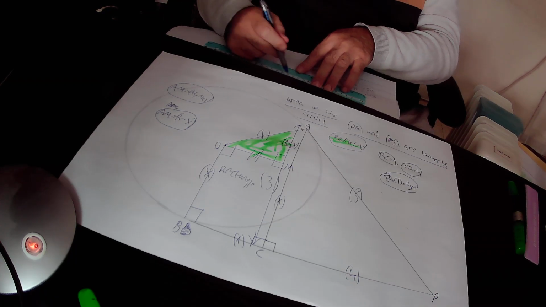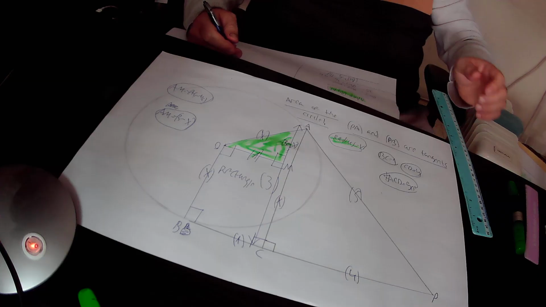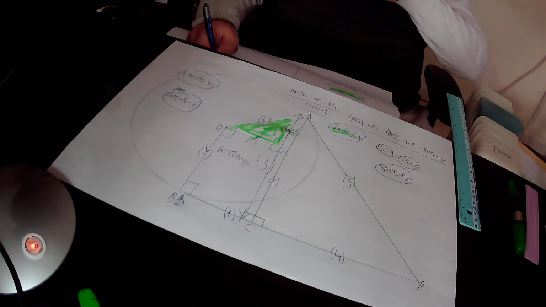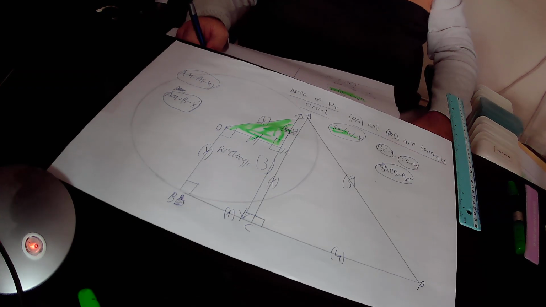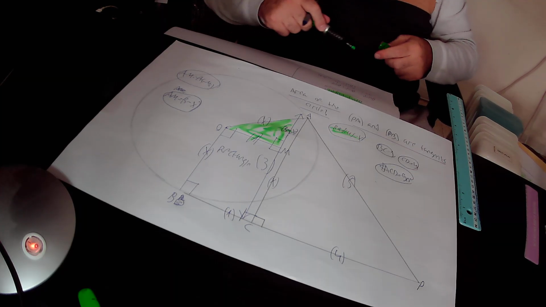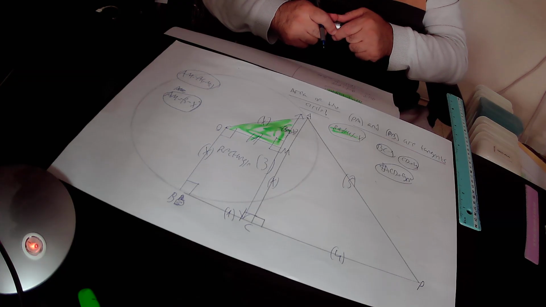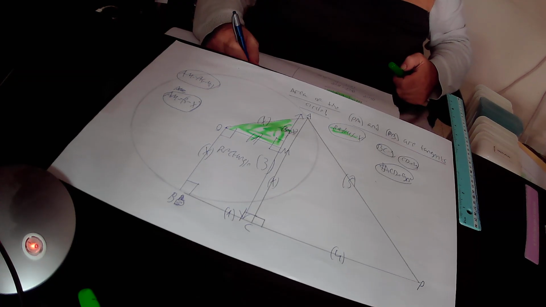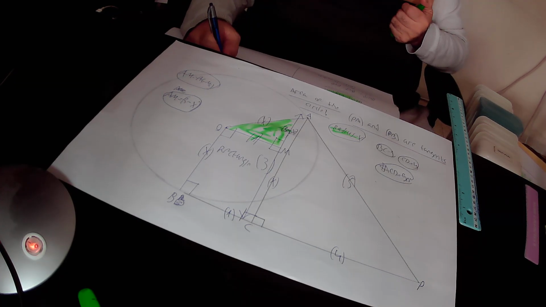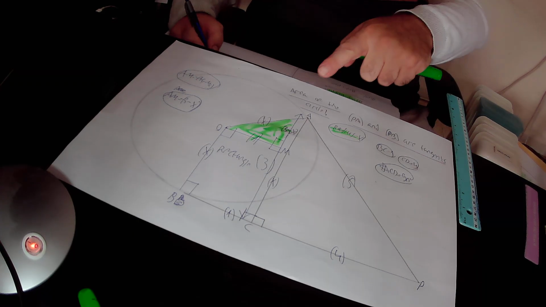On this right triangle AOM, we apply the Pythagoras theorem. According to the Pythagoras theorem, AO squared, that is the square of the hypotenuse, equals AM squared plus OM squared.